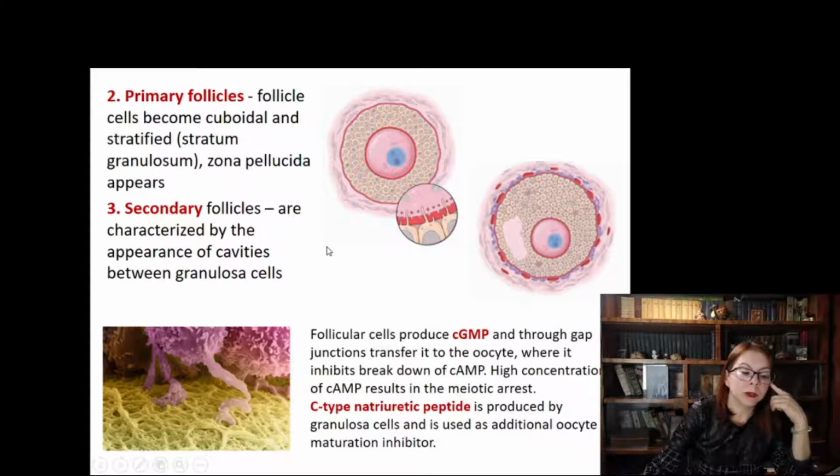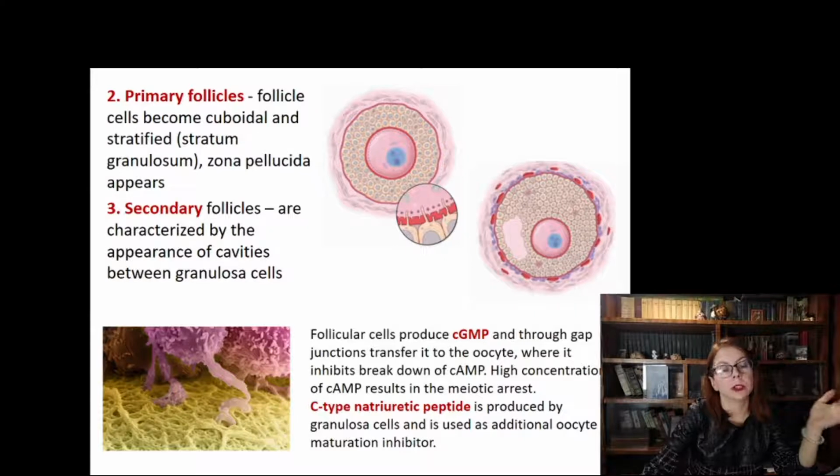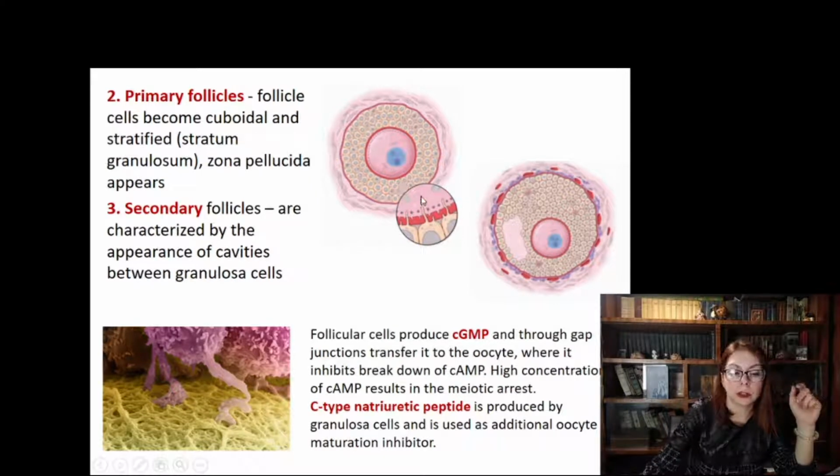What we have to say is that oocytes inside follicles are retained in the prophase of the first meiosis. So almost all oocytes found in the ovary are arrested in the prophase of the first meiosis. To maintain this arrest, several factors work. First of all, follicle cells produce cyclic GMP, guanosine monophosphate, and transport this cGMP via the gap junctions to the oocyte.